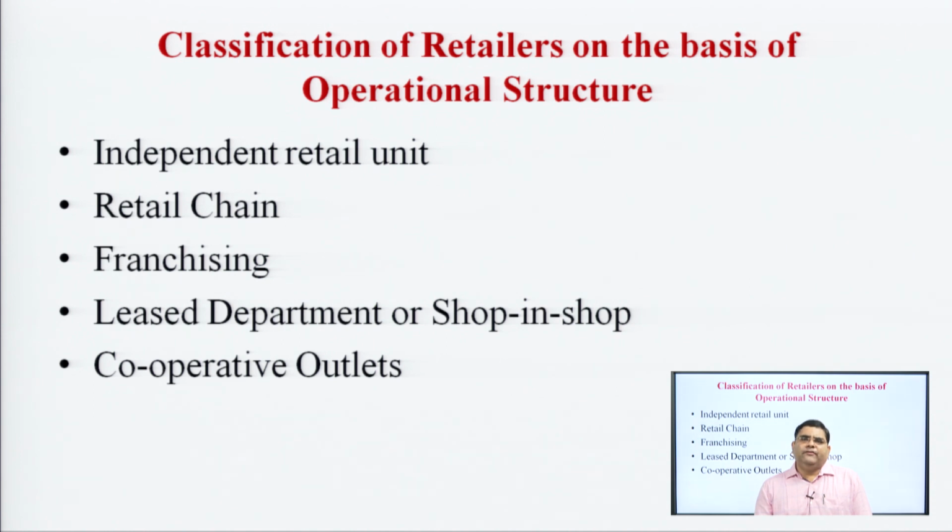Next is cooperative outlet. As I have already discussed, these are a kind of semi government outlets run by Mother Dairy or Amul. These are cooperative institutions dealing in milk products or agricultural products. They have a structure in which they meet the rural people and take resources from them in a cost effective manner.